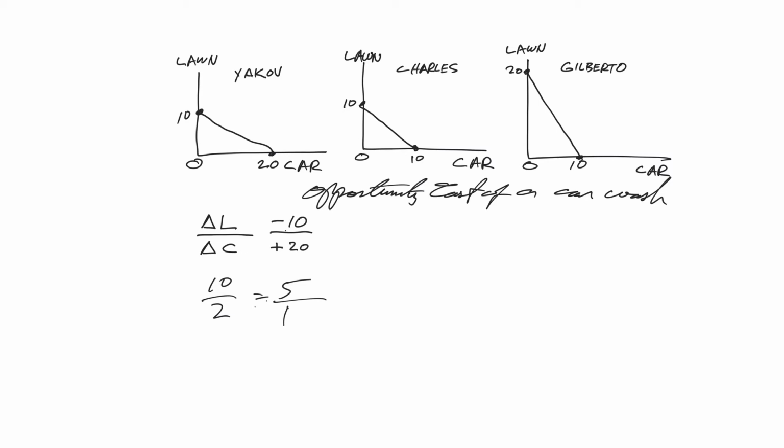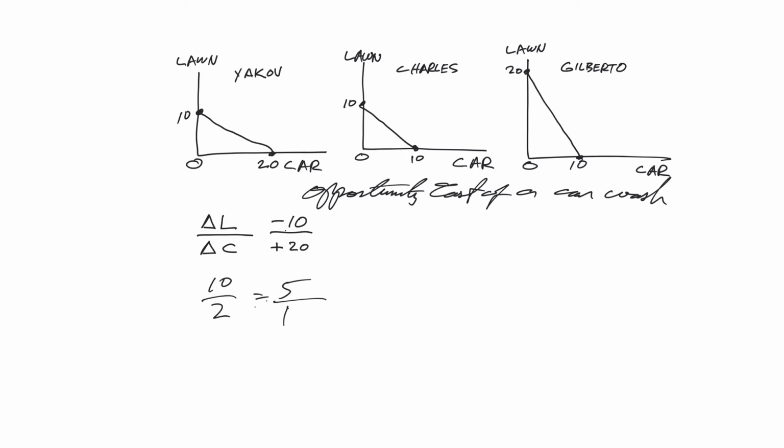So what we want in the denominator when we're calculating opportunity cost is the good we're trying to calculate the opportunity cost of. Here, we want the opportunity cost of 1 car wash. So the denominator should be car washes because that's the one that becomes a 1.